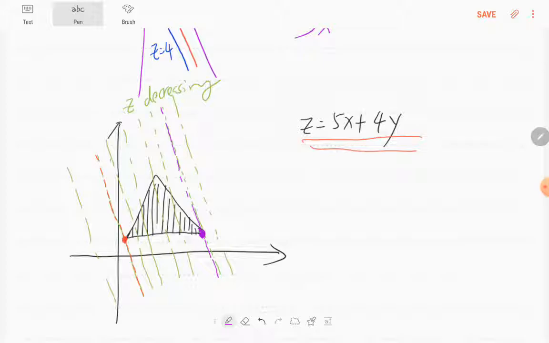This gives you a way which is called the geometric method, or geometric approach.